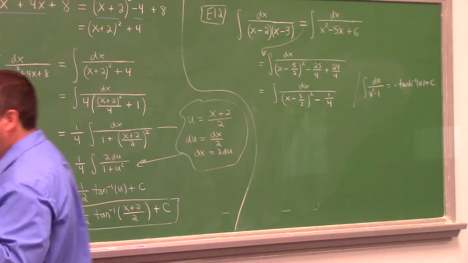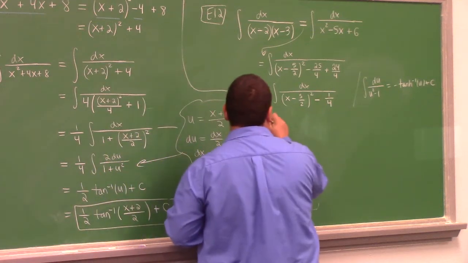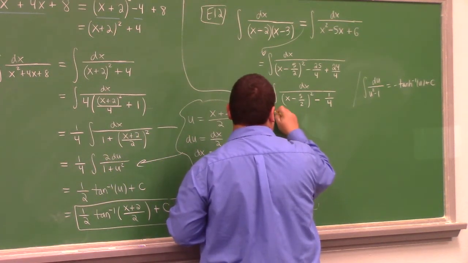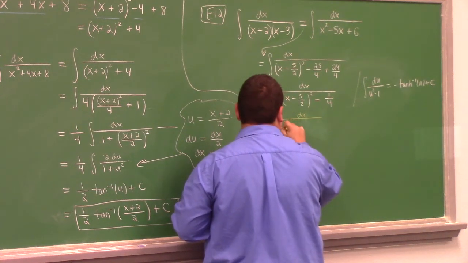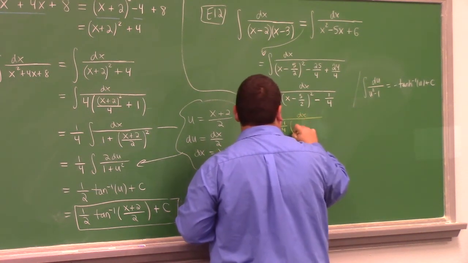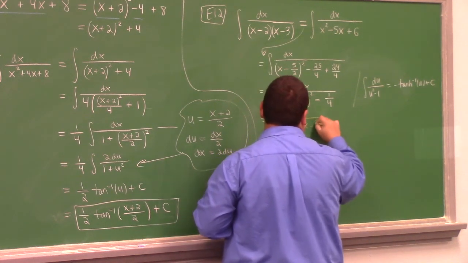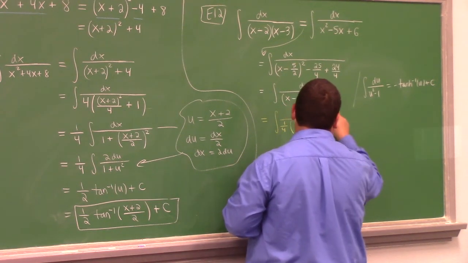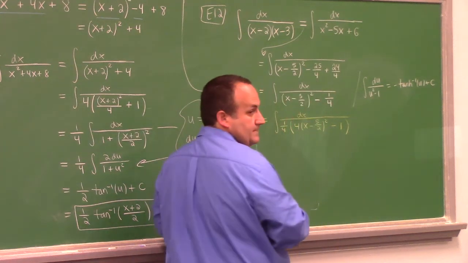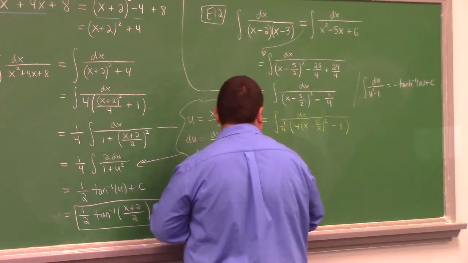So, how's that look? One quarter of, well, this one gives me 4 times (x minus 5 halves) squared, minus 1. So I'll bring the, what's 1 over 1/4? That's just 4, right?